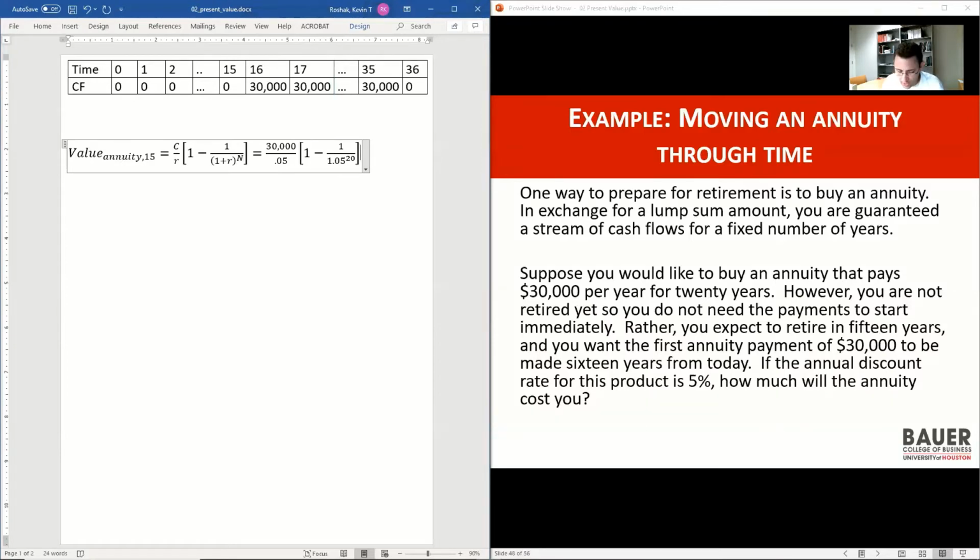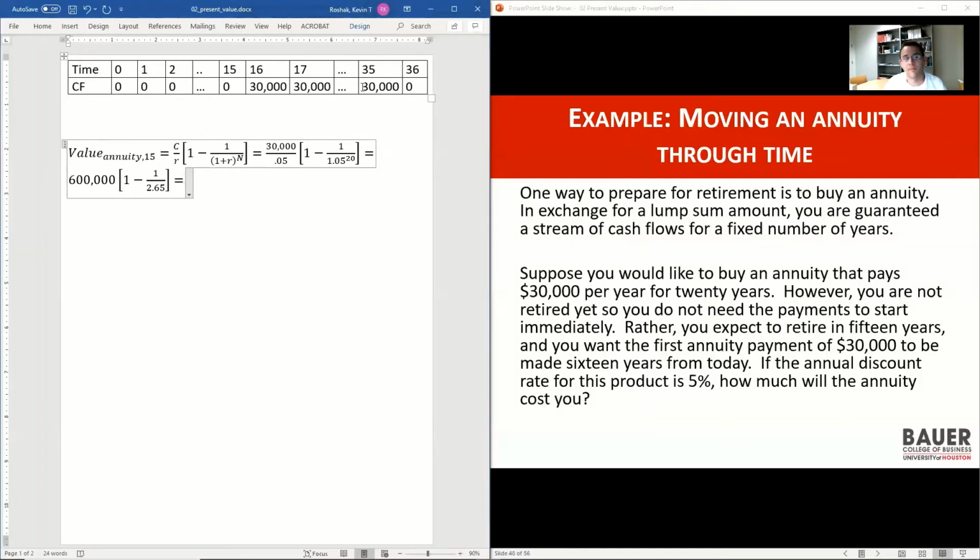Okay, so again, how would I do this? If I were calculating things piece by piece on an exam, I'd first do this outside: 30,000 divided by 5%. That gives us 600,000. And then I would work on this ugly bracketed term. First, I would calculate the denominator, 1.05 raised to the 20th. That works out to 2.65, sorry.